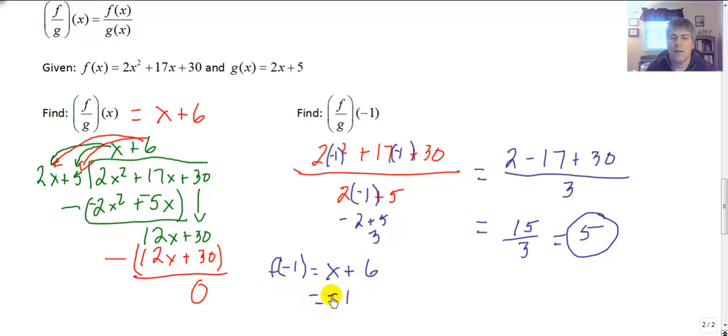So negative 1 plus 6 is 5. I had already done the heavy lifting over here, so that made it quite a bit easier if I would have just taken advantage of that. But you can see here that either way works. Obviously, if you've already figured out f divided by g of x, then to take it at negative 1 is pretty much a piece of cake. So there's an example of using function notation and long division, and I will see you in class.